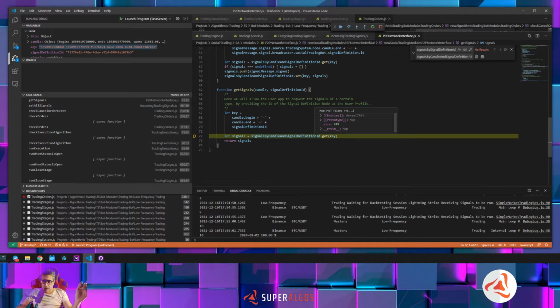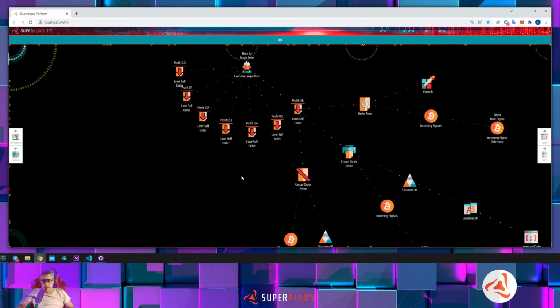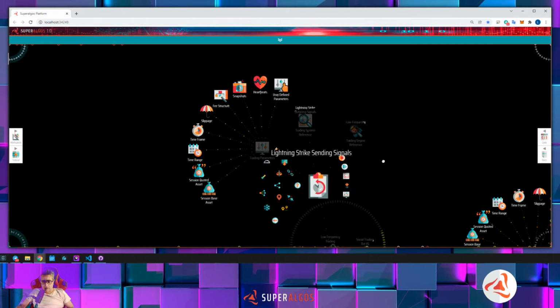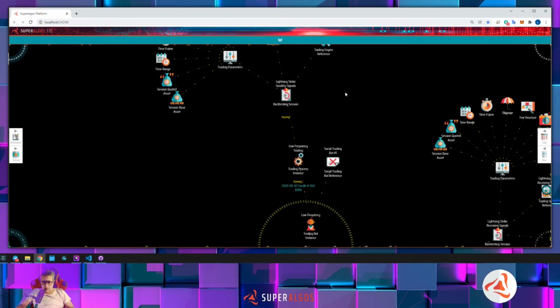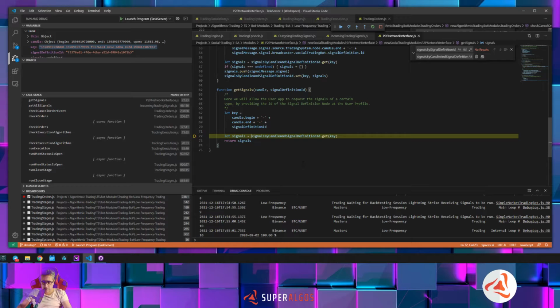Okay, so this one has 649 candles inside. Well, now even more when I stop this debug. So why doesn't it have this candle, this signal? That's the question.